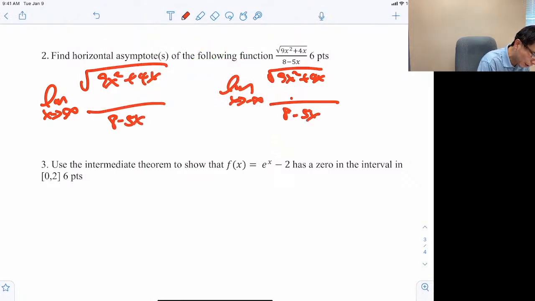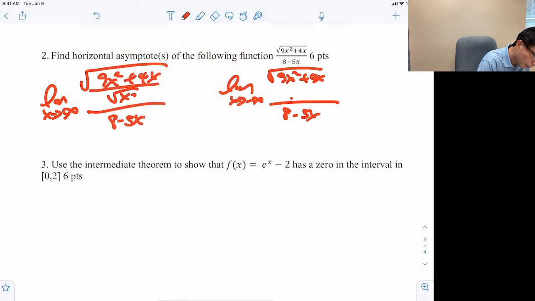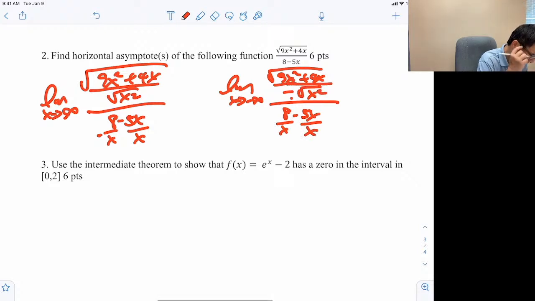Okay, so I'm going to divide everything by the square root of x squared. And divided by x here, divided by x here, divided by x here, divided by x here, divided by negative square root of x squared. So that's the work you're supposed to show me.